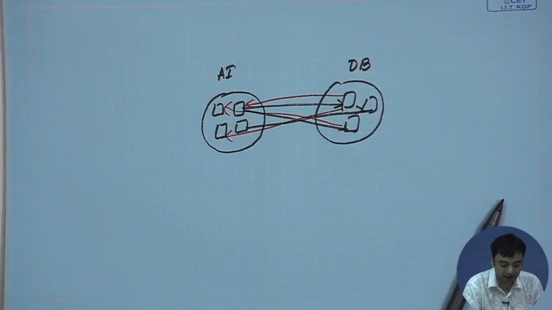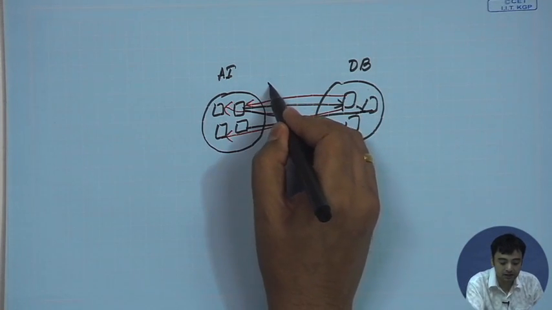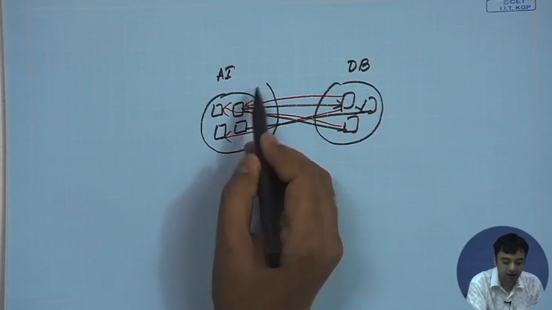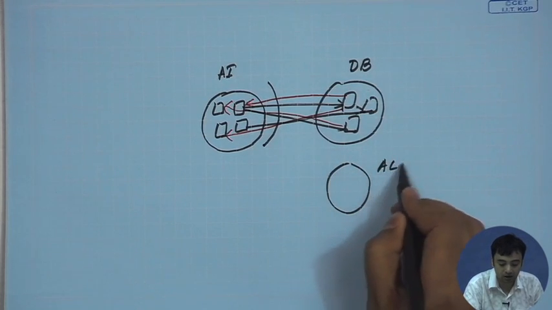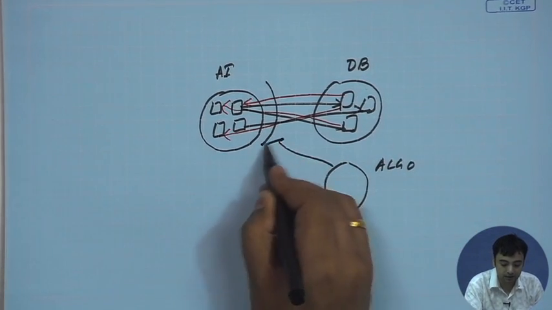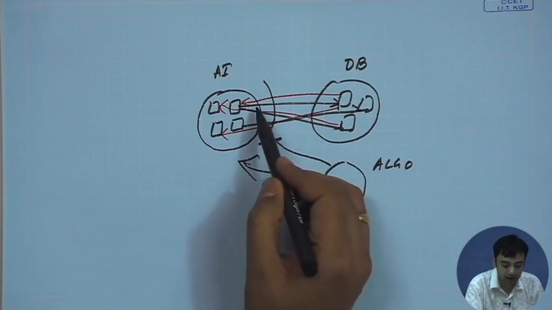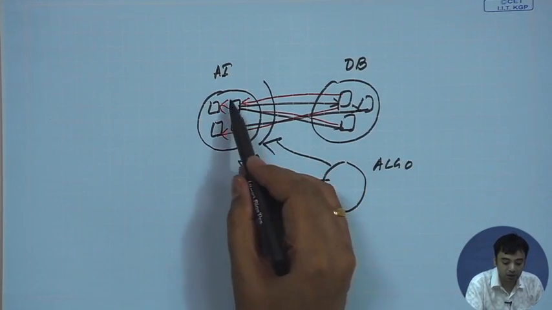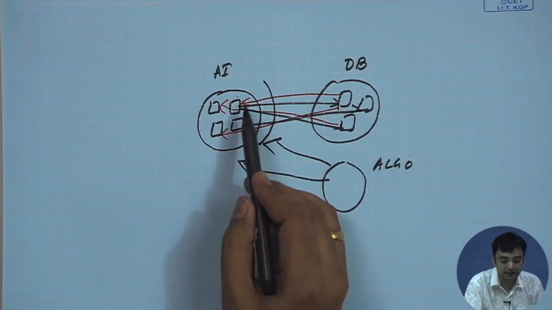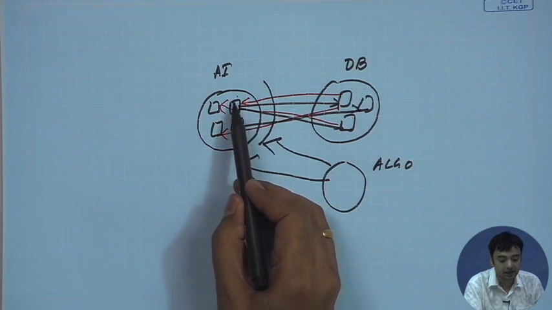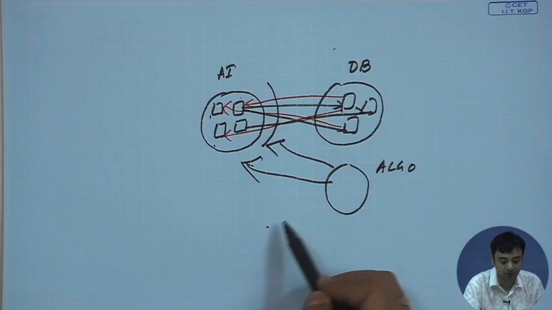By the authority measure, you find out the total number of citations that are coming to AI from all other fields, say databases, algorithms. So, what is the fraction of citations that are coming from all other fields to AI, normalized by the total number of papers that are published in AI? That is basically the fraction of citations that each paper in AI is enjoying from other fields, and that is what we want to quantify.